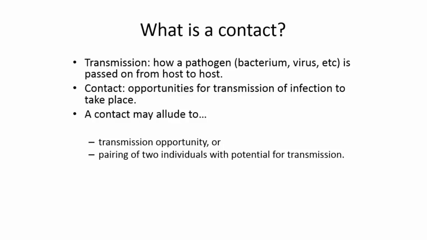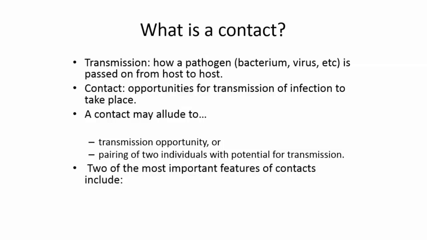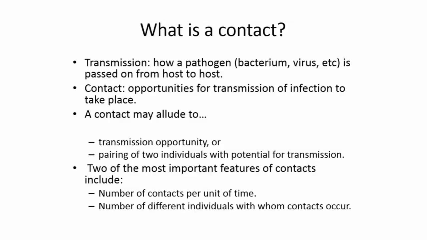These are two things that may be involved in a contact. And two of the most important features of contacts are going to include the number of contacts per unit of time, and also the number of different individuals with whom these contacts occur. Okay, these are two of the main characteristics.